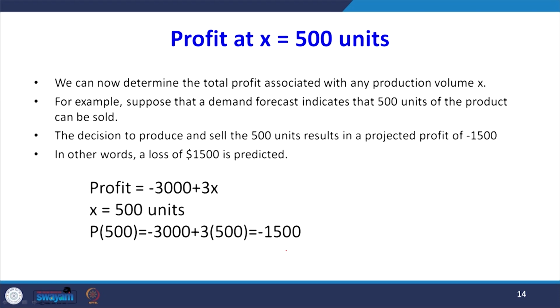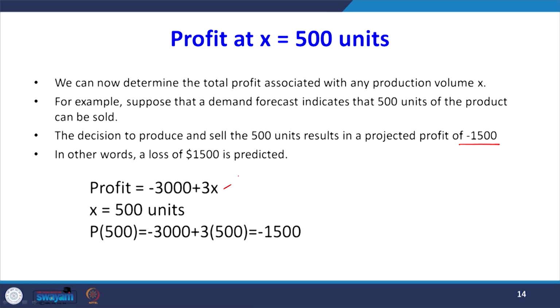For example, suppose that a demand forecast indicates that 500 units of the product can be sold. So, the decision to produce and sell 500 units results in a projected profit of minus $1,500. In other words, a loss of $1,500 is predicted.